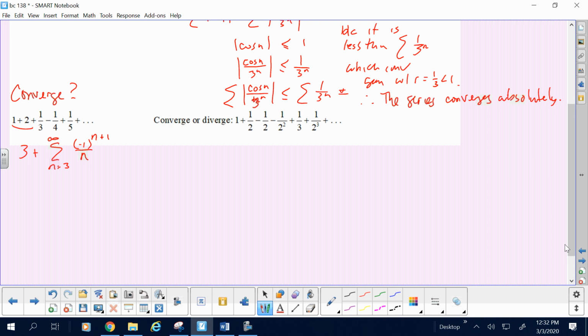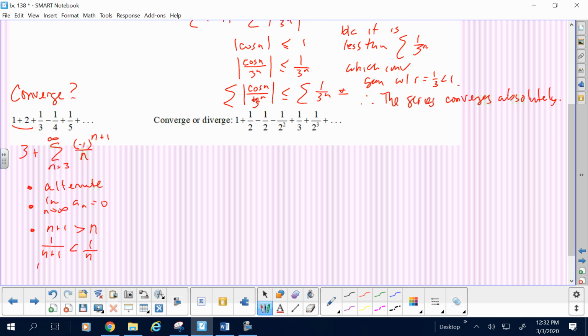So let's just go with conditional. Does the series alternate? Yes, it does. Do the terms go to 0? And do the terms decrease in value? If I were to take the reciprocal, is 1 over n plus 1 less than 1 over n?